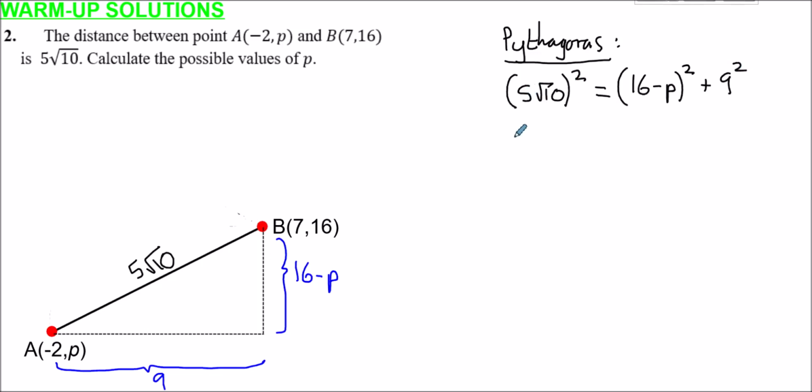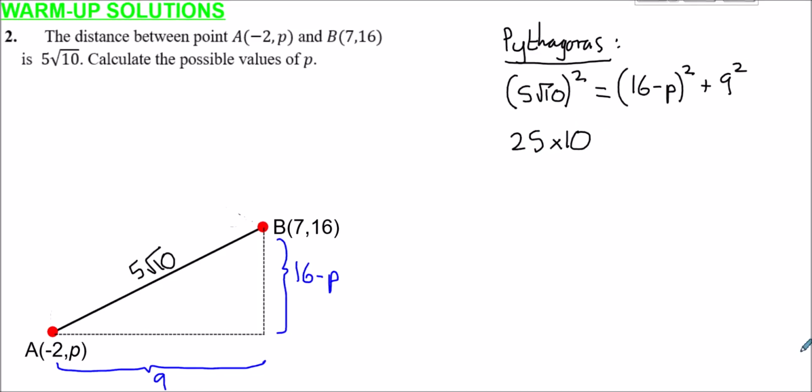So 5 squared is 25, root 10 squared is 10. We're going to leave 16 minus p all squared as it is.